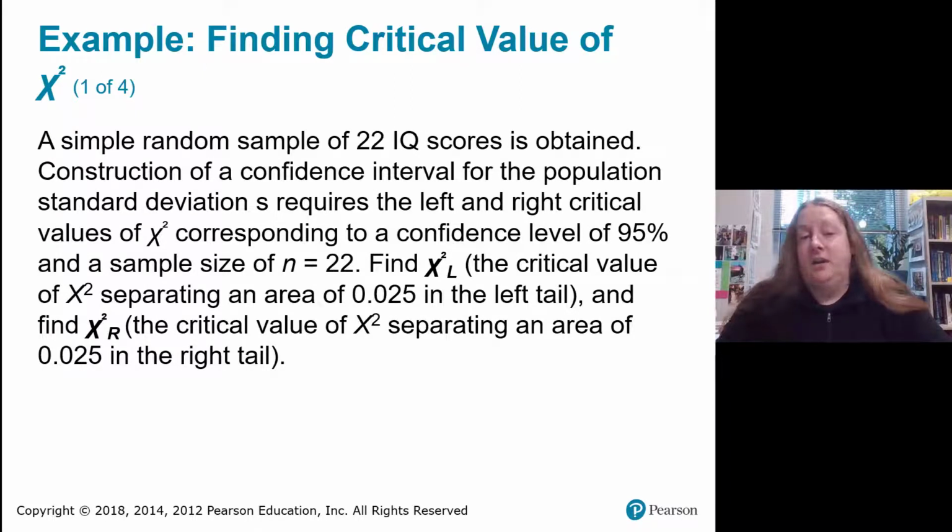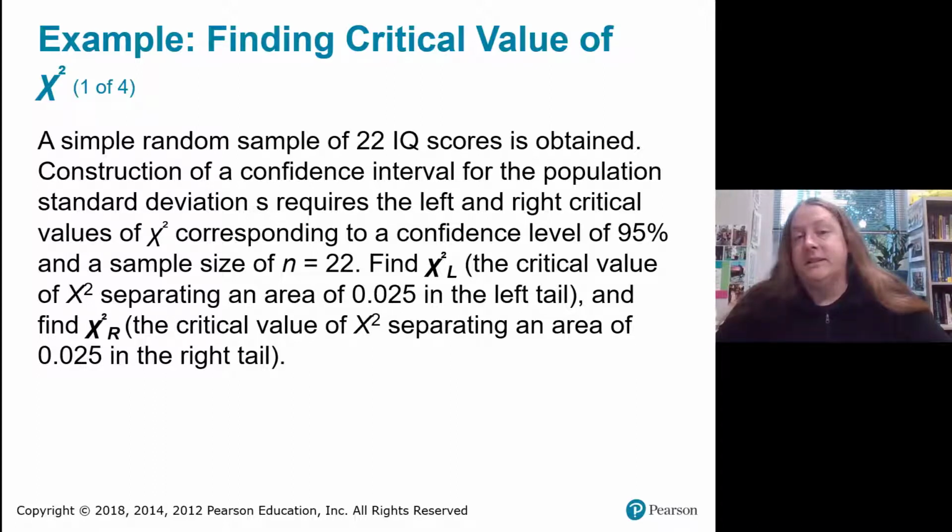So finding our left critical value, this is going to be looking at what's separating alpha divided by 2, in this case 0.05 divided by 2, or 0.025, to the left in the left tail. So we have that here.